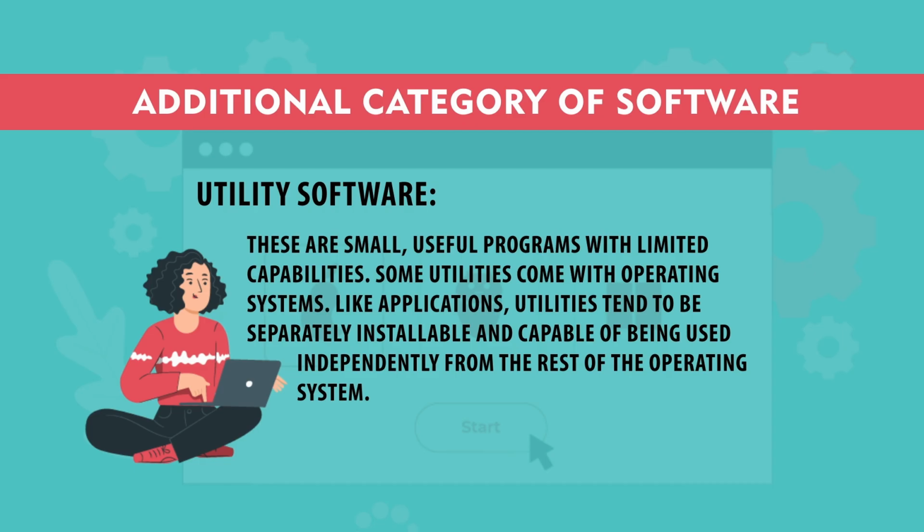For example, some utility for the operating system: if you are connecting some device to your computer, then you need a device driver. So a device driver is one example of utility software. Similarly, for security purposes, we use different kinds of utilities like scanners or antivirus softwares.